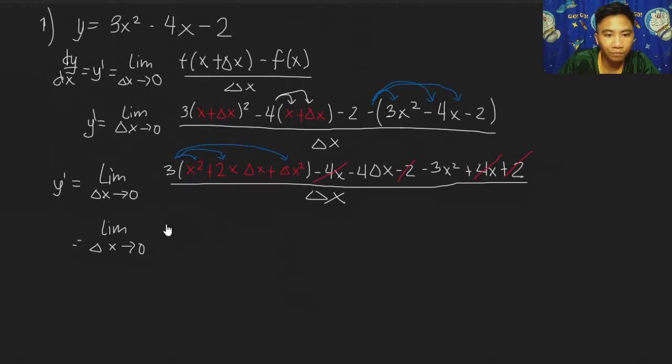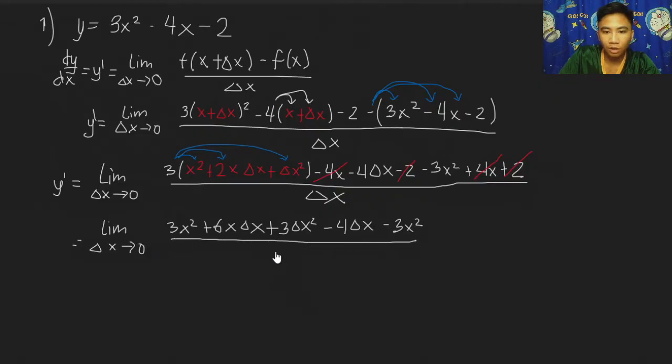So, we have 3x squared. 3 times 2 is 6, 6x delta x plus 3 delta x squared. Minus, ano na yung tira? 4 delta x minus 3x squared all over the delta x. So we can cancel 3x squared and the negative 3x squared.